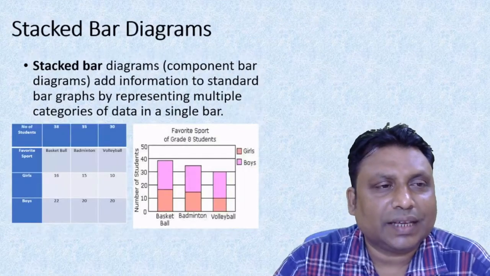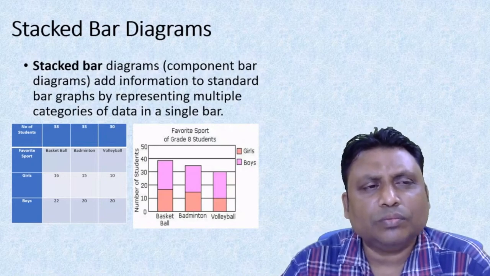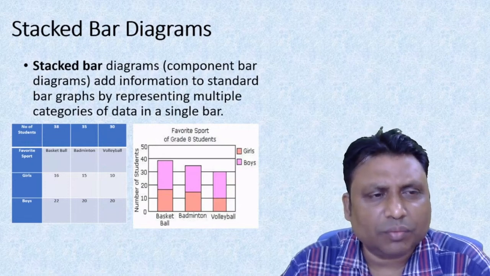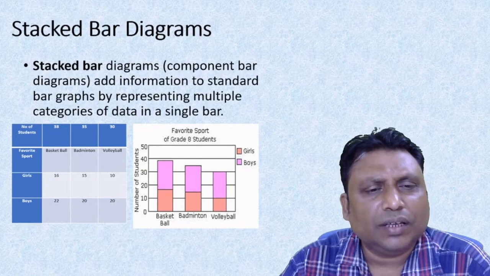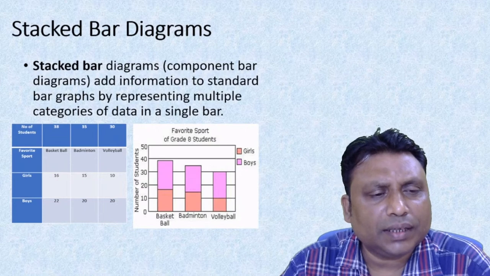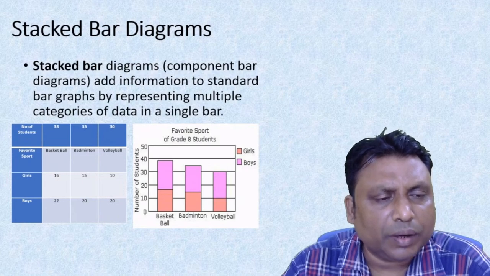Another one is the sketched bar diagram. The sketched bar diagram we use in some cases, not for all cases. In some cases we use this type of diagram. So here, how many variables are there, and what are the percentages or numerical values given.